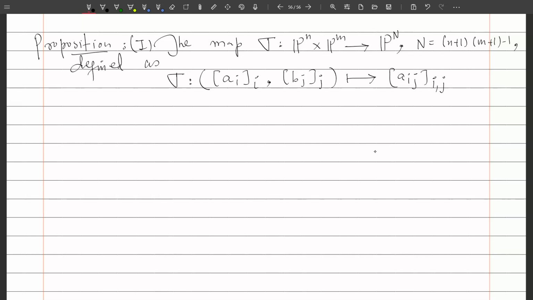So we have to prove this is an injective map.